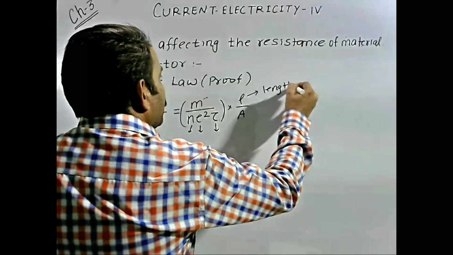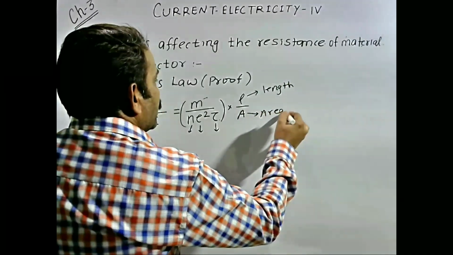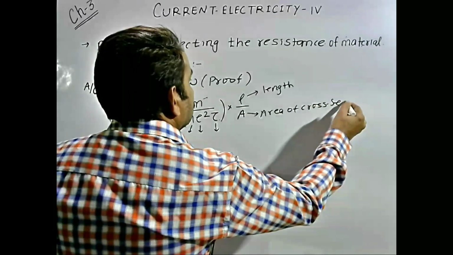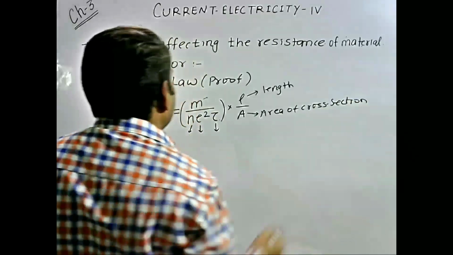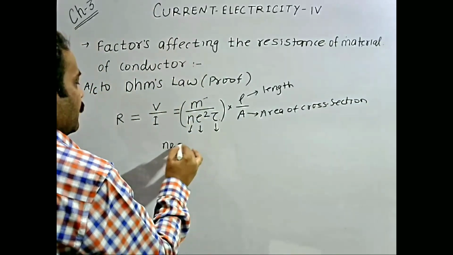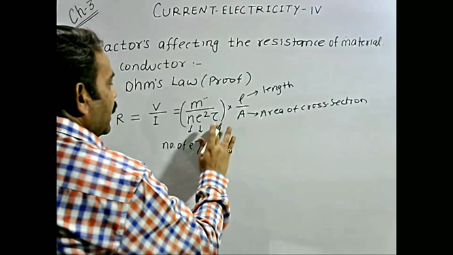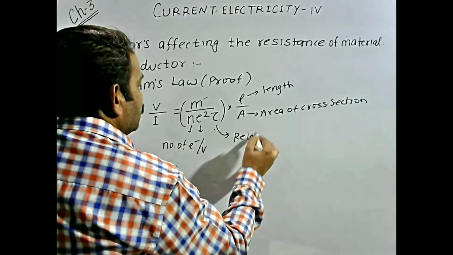As we know that this is length of conductor, this is area of cross section, and n number of electrons per unit volume, and here tau is a relaxation time.